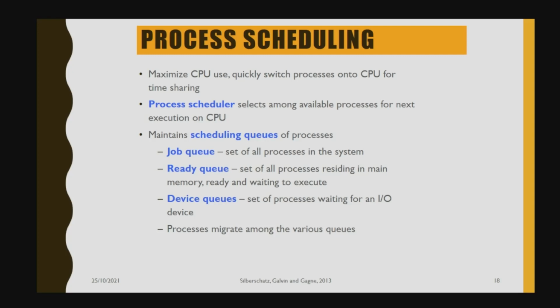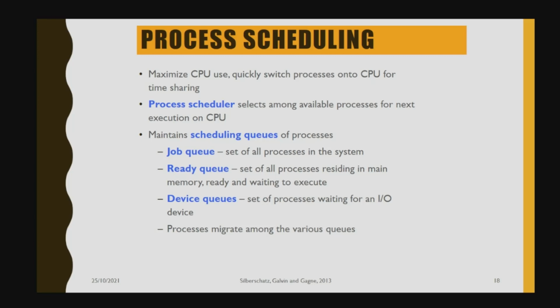So we have the job queue, because we have a queue of the processes. The job queue is the set of all processes in the system. All processes need to queue, so we call it the job queue.